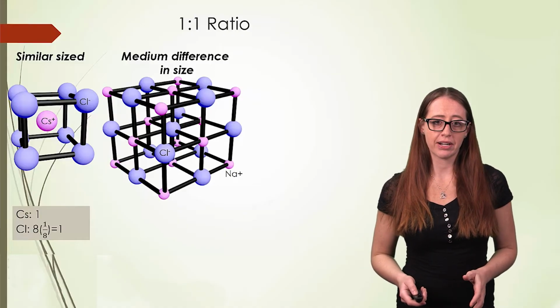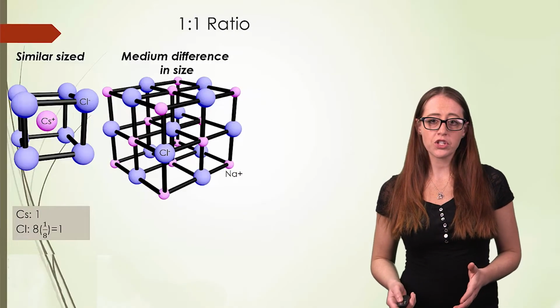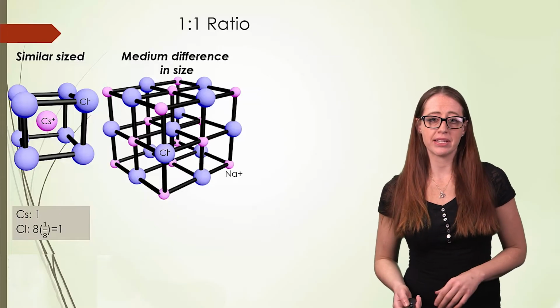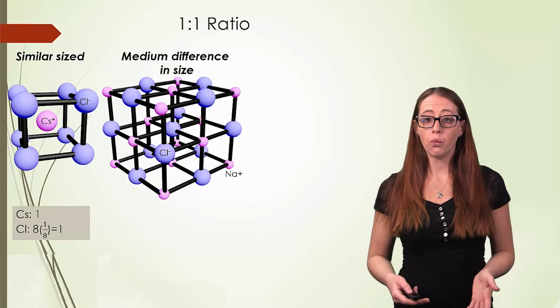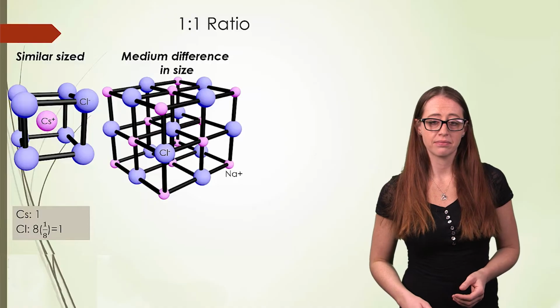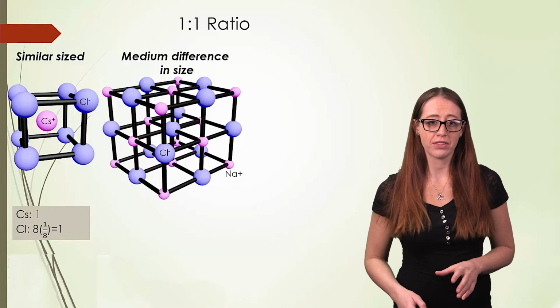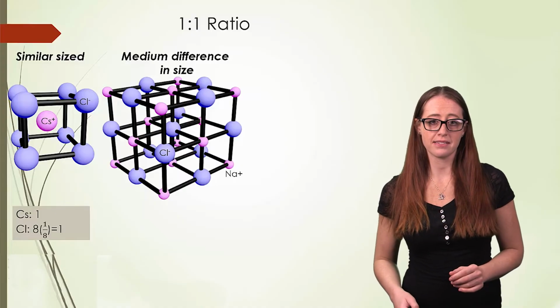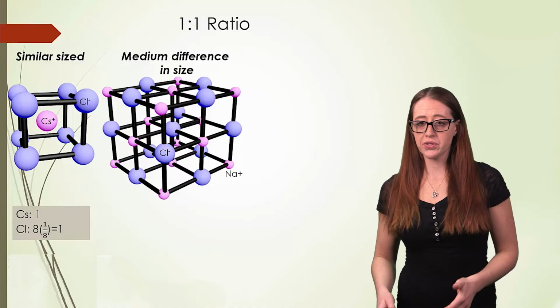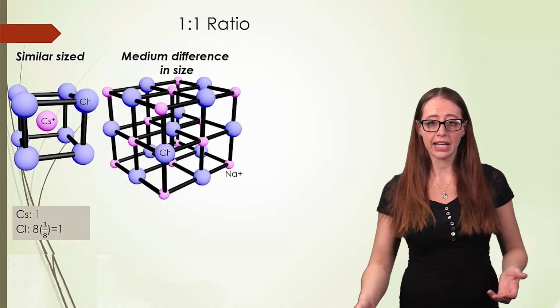Let's go ahead and count our atoms. For the sodium, there are 8 atoms on the corners, which have 1/8 inside the cell. There are 6 on the faces, so take a moment and find those. There are 6 on the faces.